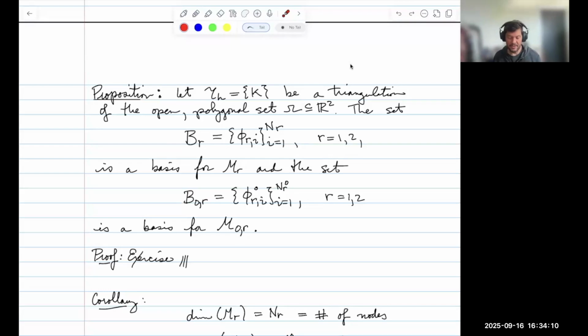Now, how do I prove this? You do it the same way you do in 1D. You show that every function can be written as a linear combination of these functions, that's the spanning property, and then you show that you have the linear independence property as well.